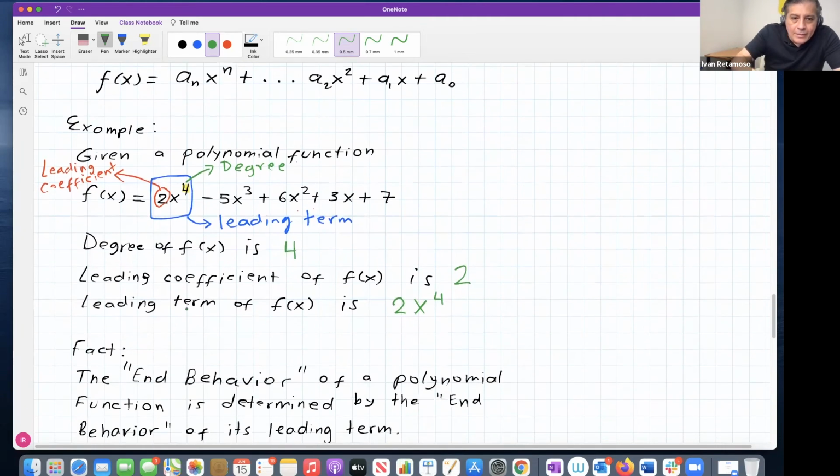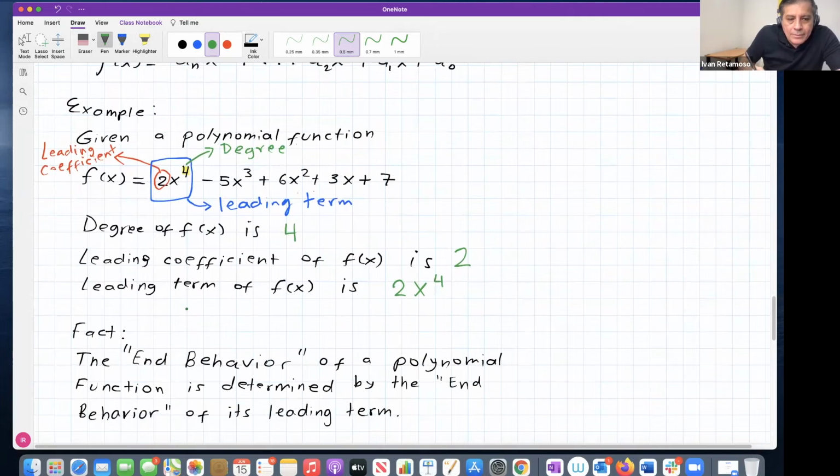This will be clear when we go over this fact. Mathematicians discovered that the end behavior of a polynomial function is determined by the end behavior of its leading term. So if you look at the end behavior of this term, this will tell you the end behavior of the whole polynomial function. That is why we have to pay attention to the first one. The others are just followers. This is kind of the leader.